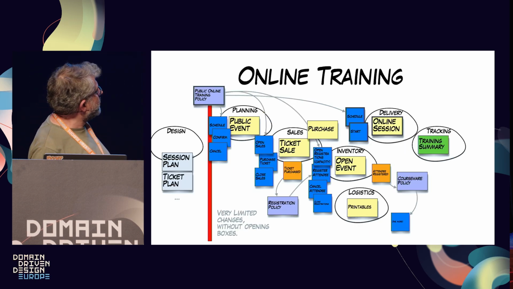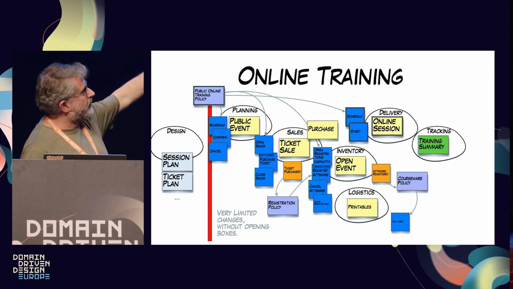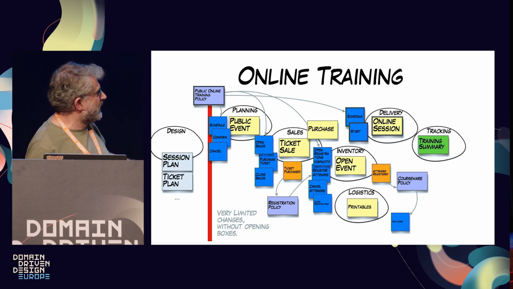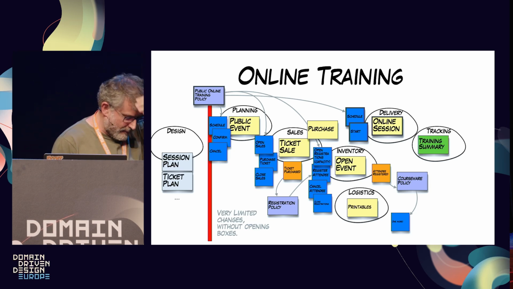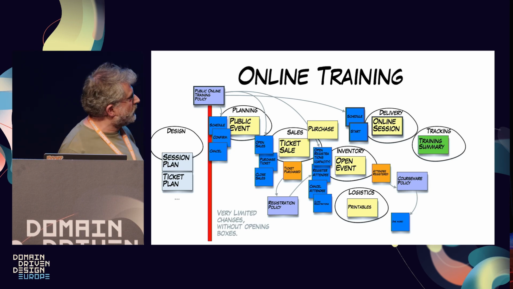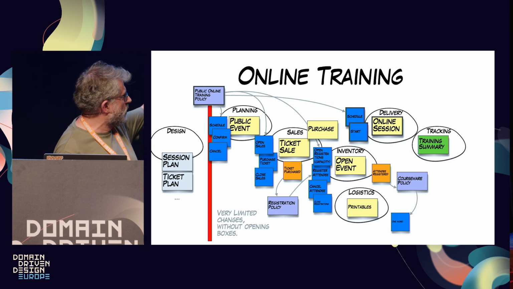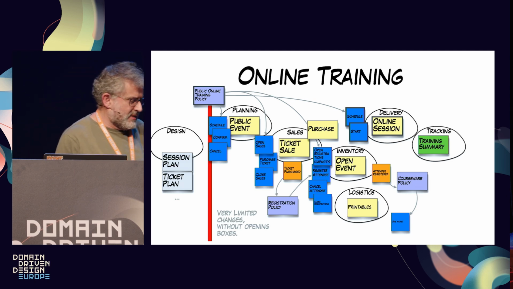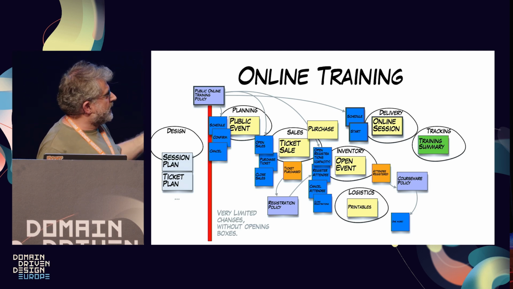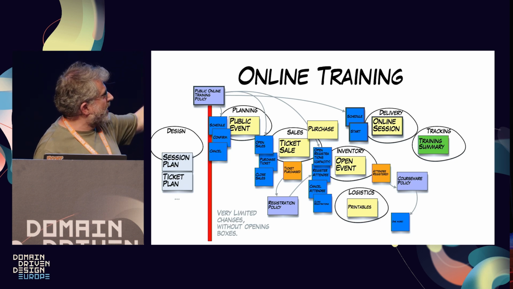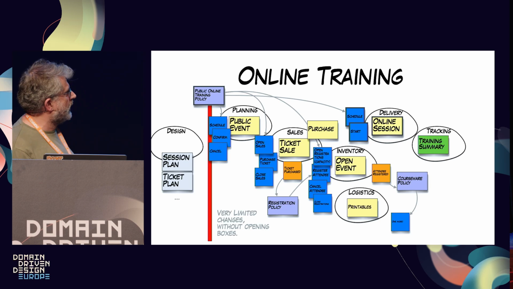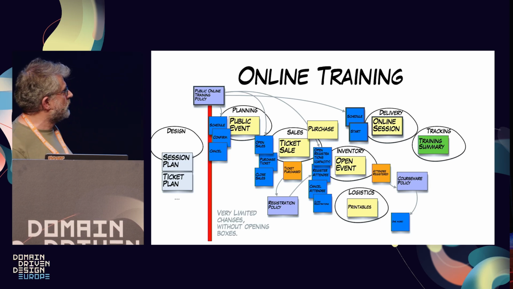Let's play another variation. If we go online training instead, the delivery phase was one of the biggest stressors for us when the pandemic arrived, and we needed to move. What we had to change was the logistics; anything that had to do with the venue doesn't matter anymore, but there's something new that we have to do for the delivery, maybe preparing the tool, opening Zoom calls and events and so on.